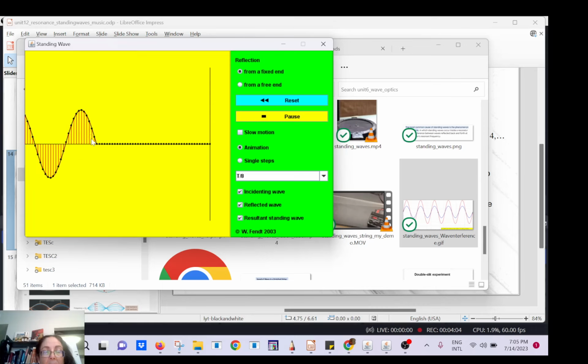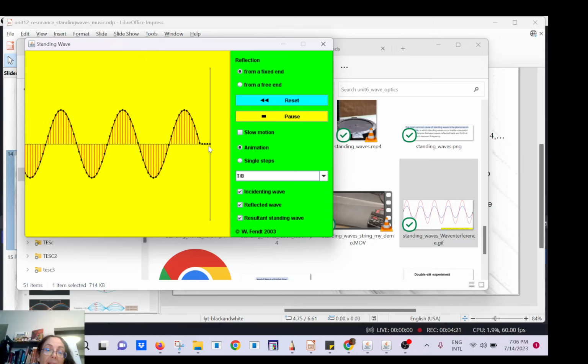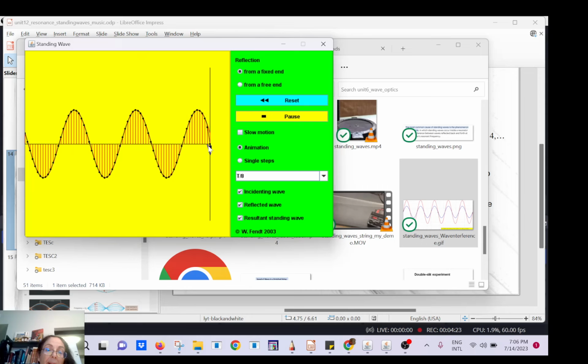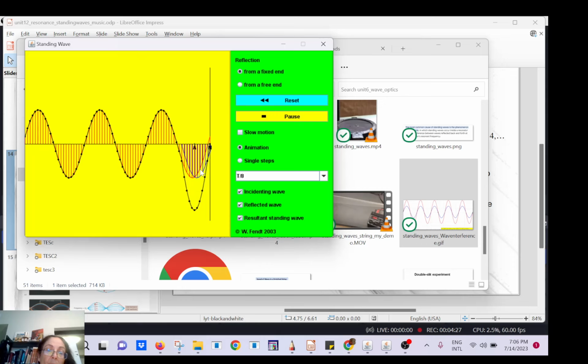You have your wave, and we will study waves after this unit. But it could be a rope, for example, that you shake. So you're going to make a cosine wave here, and it's going to be reflected. That will be the reflected wave in blue.